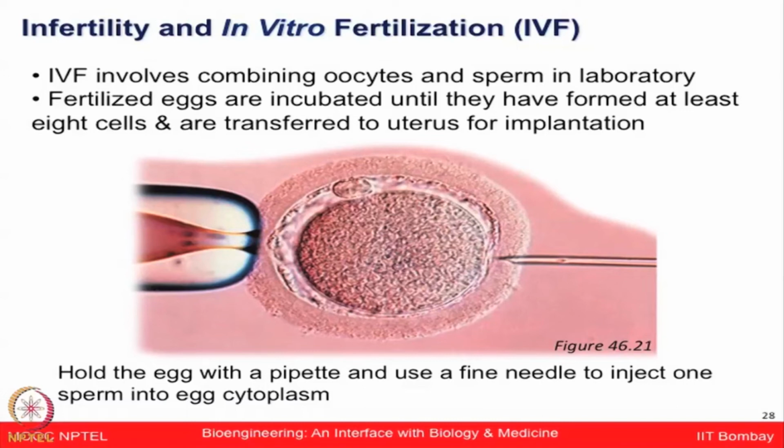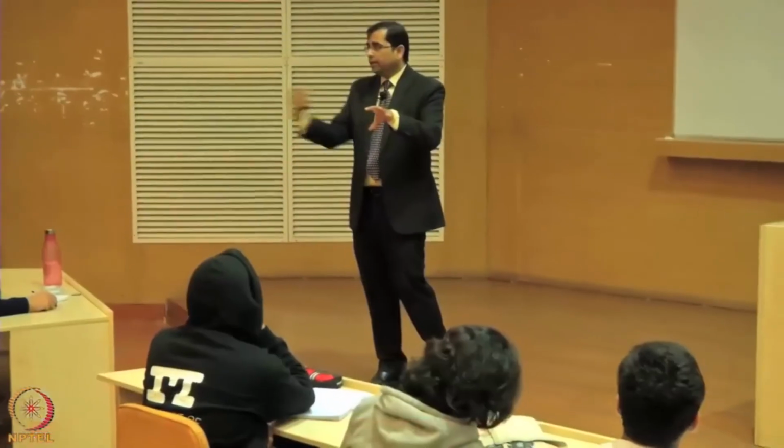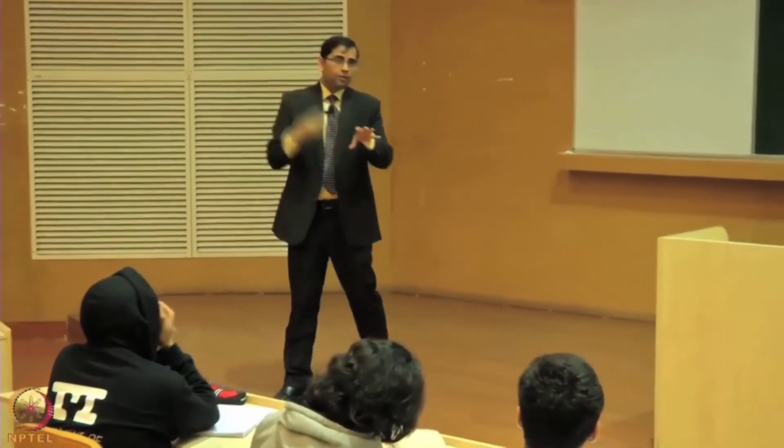You are taking a sperm and ova from the individuals who want to have a baby, and then you are using laboratory conditions for the fusion to happen properly, because there is some reason for which the fertilization is not happening successfully. So you are trying to monitor and change those conditions, and in this case you are removing the nucleus from the ova, removing the nucleus from the sperm cell, and trying to fuse them together. Once, for several cell developmental stages in the beginning, you have observed it going fine, then you put it back in the woman for the normal development to happen.